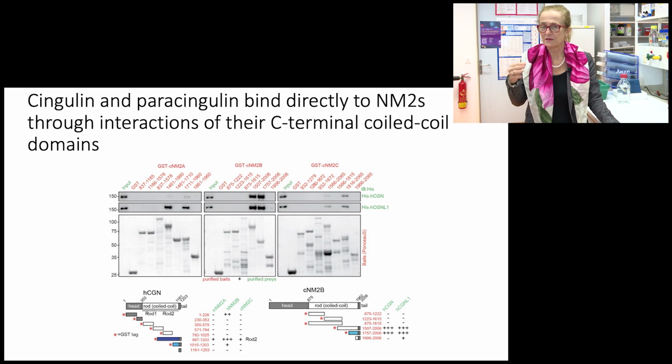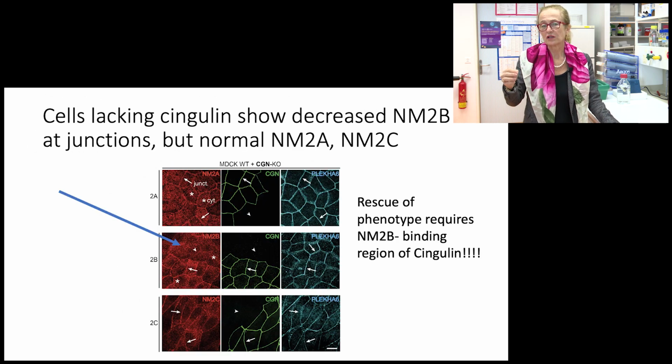This interaction is important physiologically. So we used different experimental approaches. In one of them, we knocked out cingulin or paracingulin or both in epithelial cells, and then we looked at the presence of the myosin at the junction. And in another approach, we overexpressed cingulin or paracingulin in double knockout cells to see what would happen to the myosin.